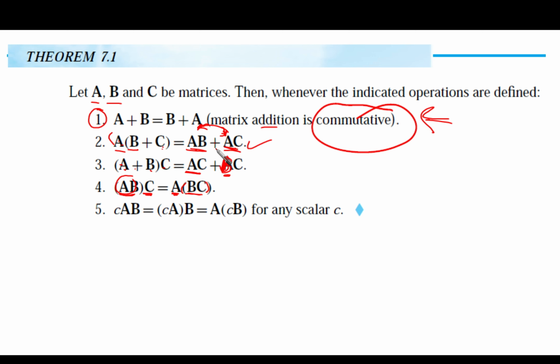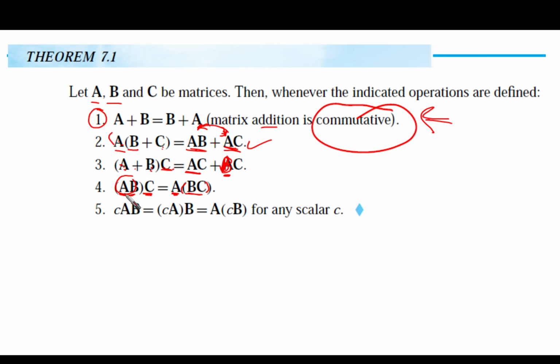So this is understood. Here, similarly, if A and B are going to be added together first and then multiplied by C, this would equal A times C plus B times C. Okay?